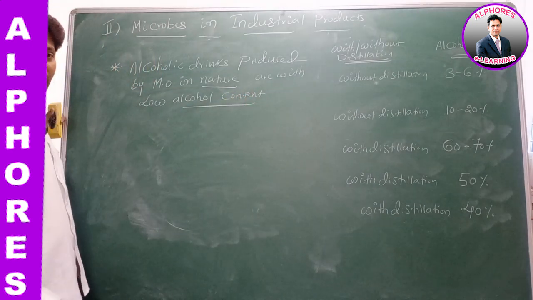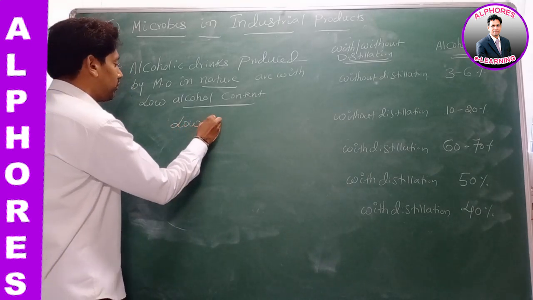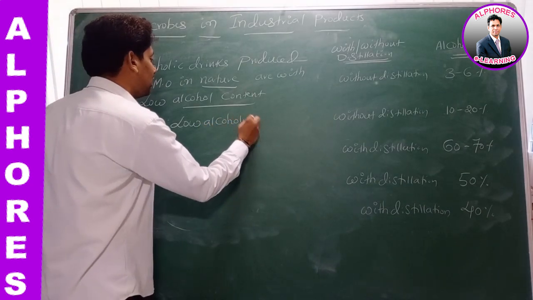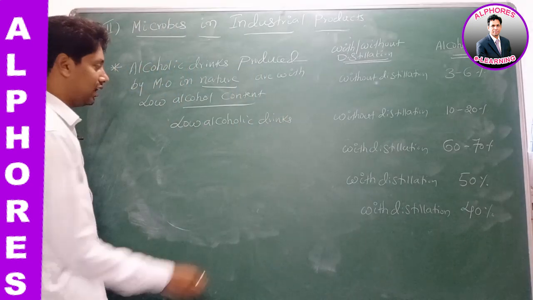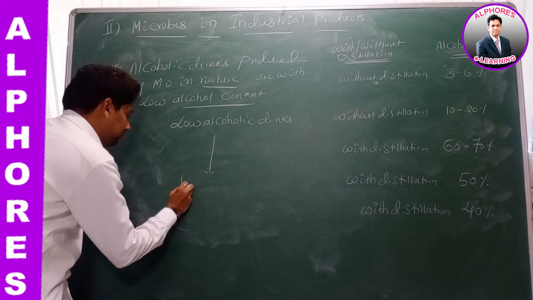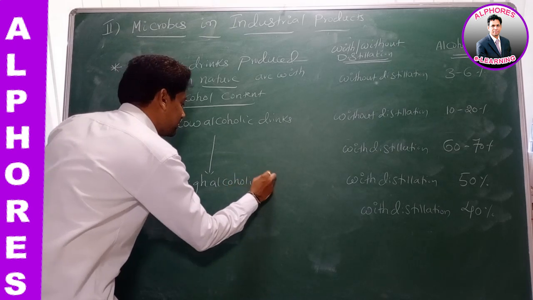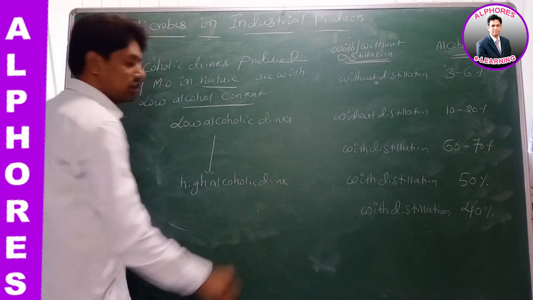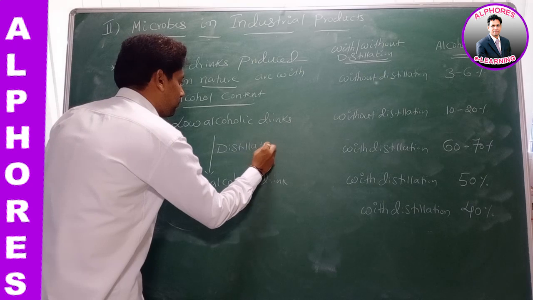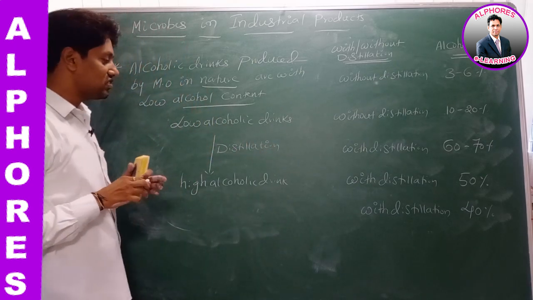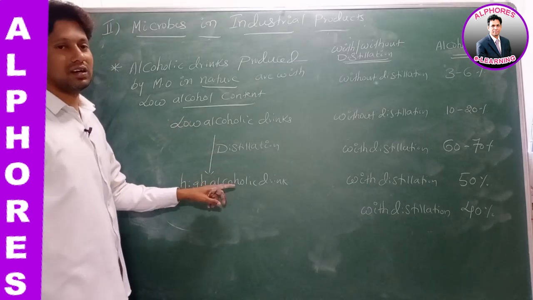Now listen to this statement. These low alcoholic drinks are made into high alcoholic drinks by which process? Distillation process. Therefore, the distillation process makes low alcoholic drinks into high alcoholic drinks.